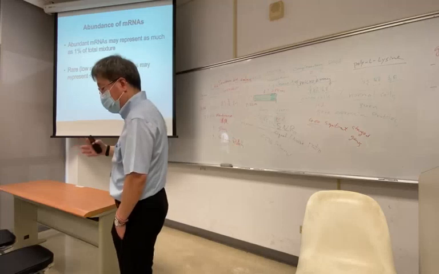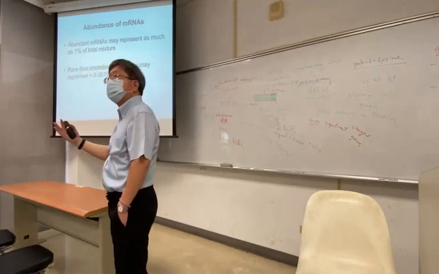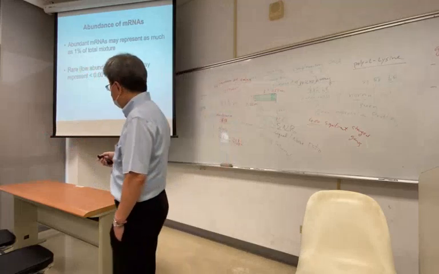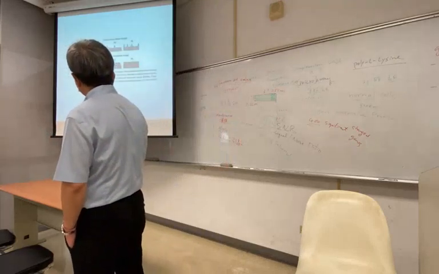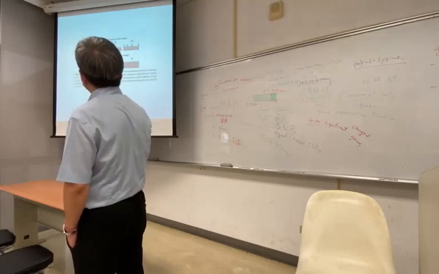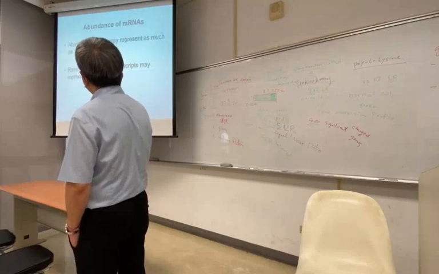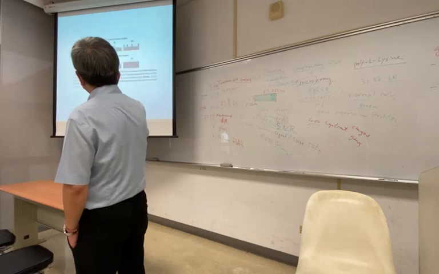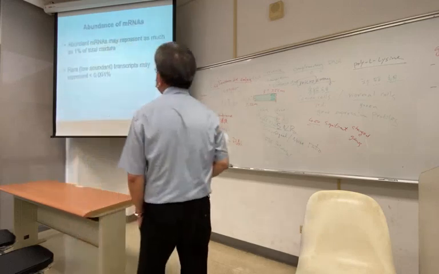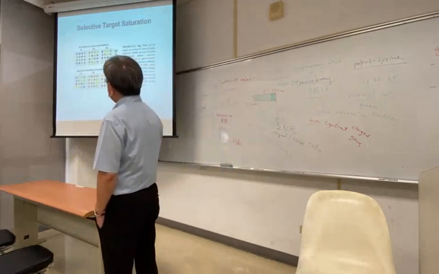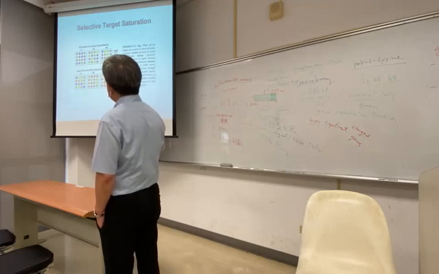So a different approach answers different questions. If you want to study low abundance, then you need to have a probe excess. If it's just regular abundant messenger RNA, then you have to make sure it's using this. So this is 1x, 2x, 4x.